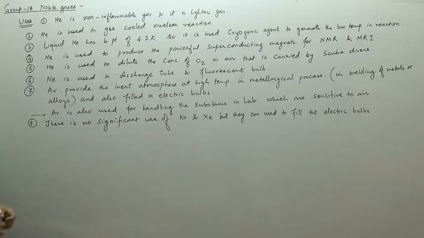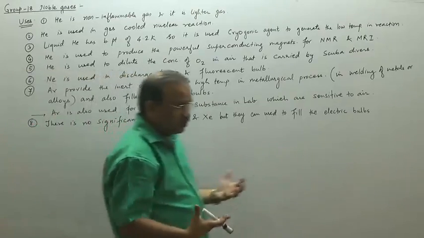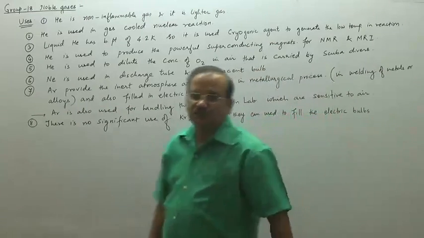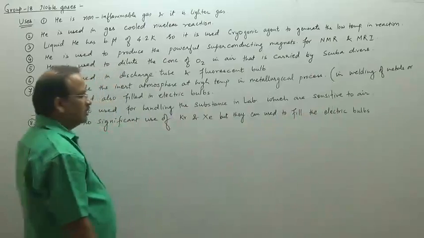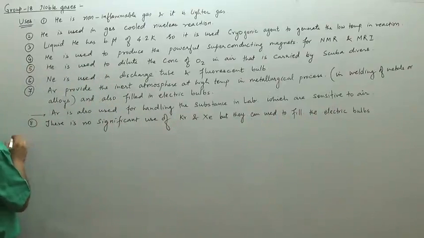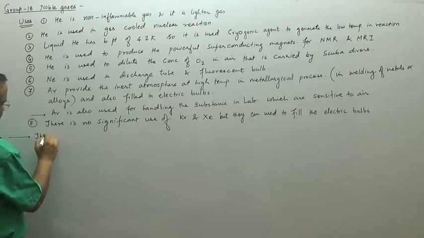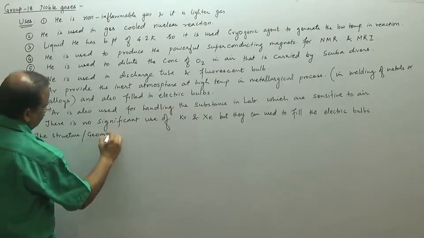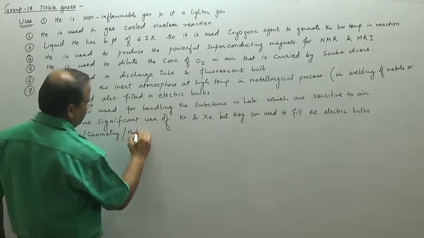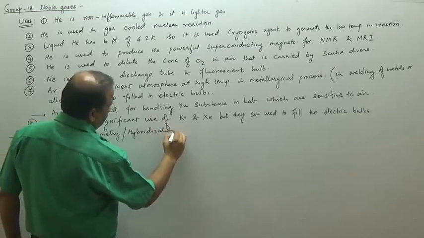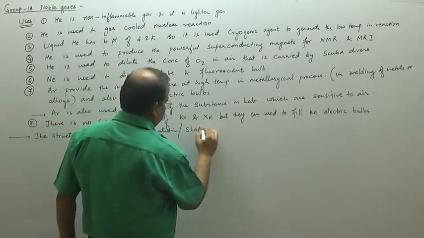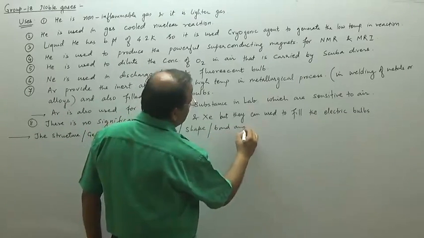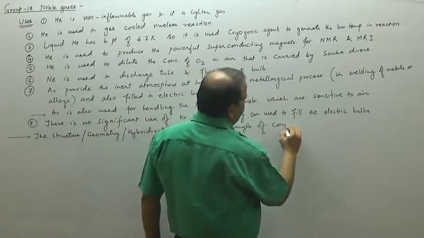Now we can compile the compounds we have studied for the noble gases, their hybridization and their structures. So I'll write the structure, geometry, hybridization, shape and bond angles of compounds of noble gases.